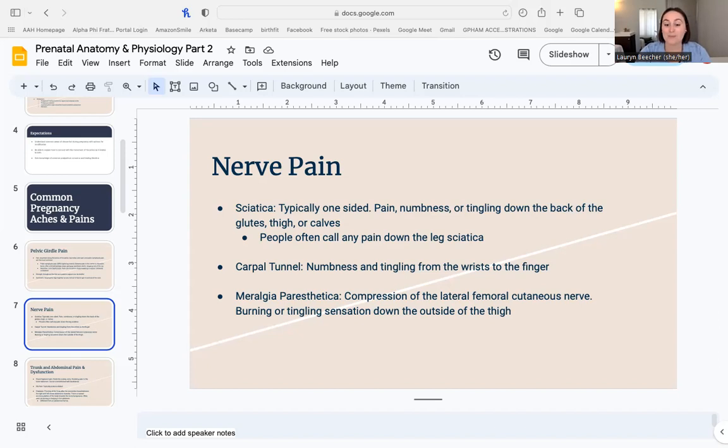So the symptoms are often similar. It feels burny, tingling, numbness, that pins and needles feeling. As I mentioned, it's often worse with compression, and it often feels better when you're wearing more loose clothing.